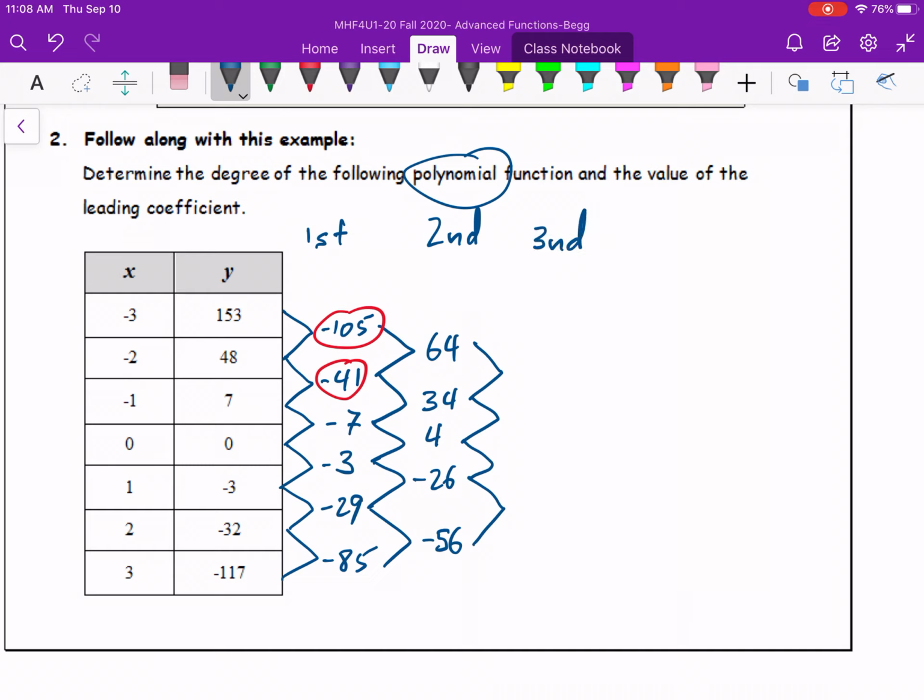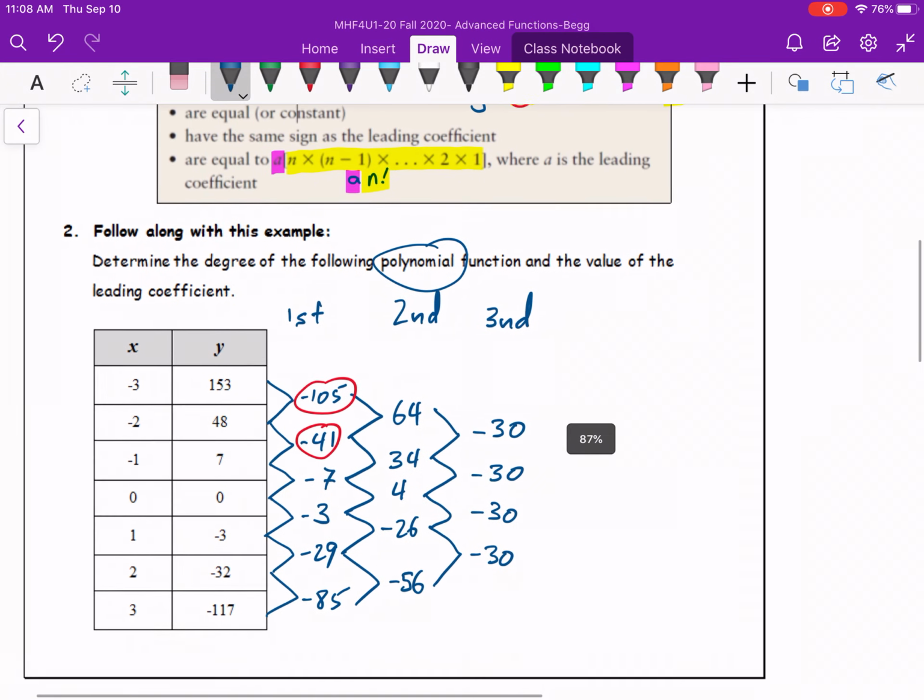And so for this next one, 34 minus 64 is negative 30. 4 minus 34 is negative 30. Negative 26 minus 4 is negative 30. Well, this looks promising, doesn't it? Negative 56 minus negative 26 is negative 30. Okay, so we have a winner here.